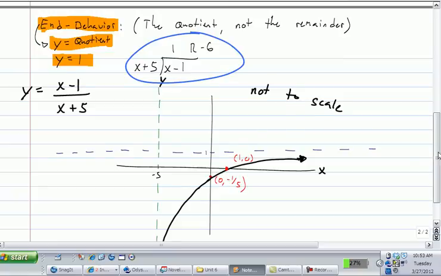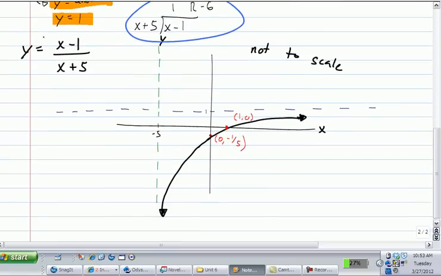What I want you to notice here is, look back at your equation. If you plugged in an x of negative 5.1, do you think we'll get a negative result? Tell me if y is negative or positive.